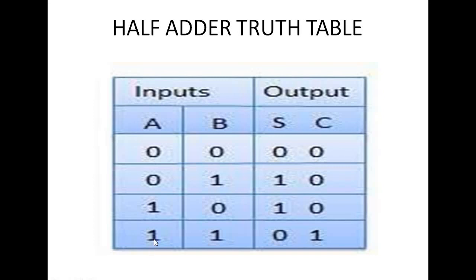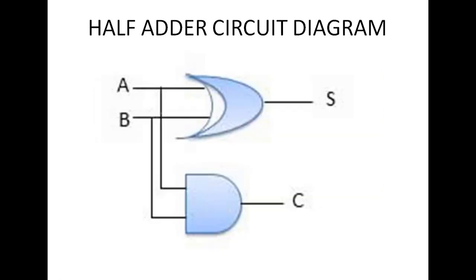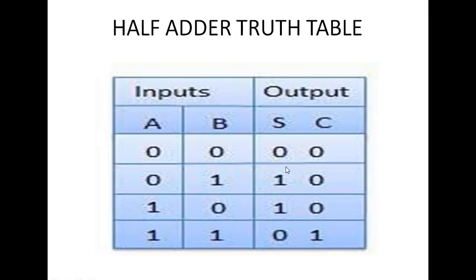See, here A is 1, B is 1. Both A and B are 1, that means C is 1. That means this is nothing but my AND gate, A dot B. So see, here also this is A and this is B, and this is the graphical symbol of your AND gate. This is C.